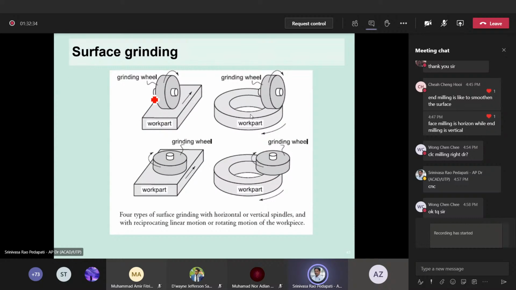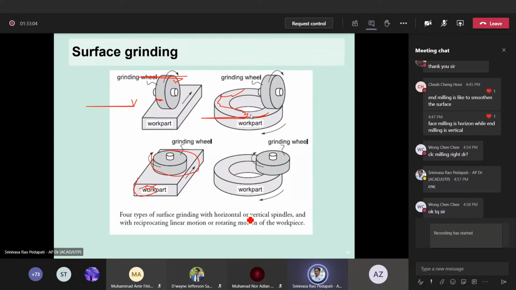More surface grinding examples are given here, using a grinding wheel as we see, or a circular work part where we want to grind this surface, then this is called surface grinding, or a work part of this shape. We can also have a grinding wheel in this fashion, which is not only on the periphery. You can use it as a rubbing action. That means flat grinding wheels.